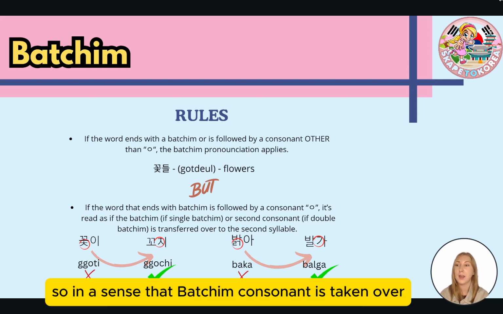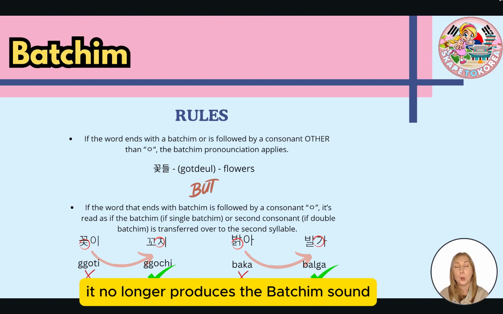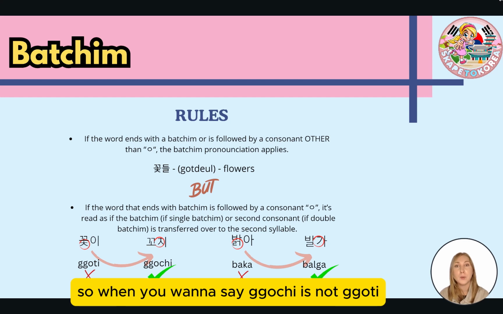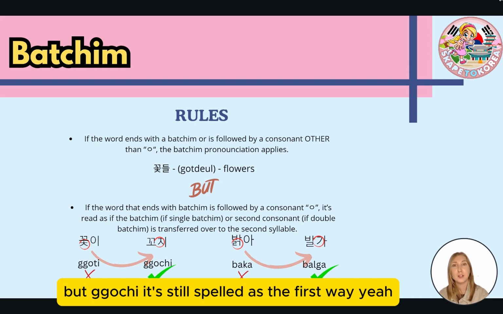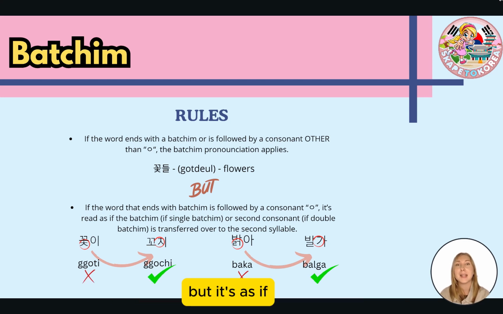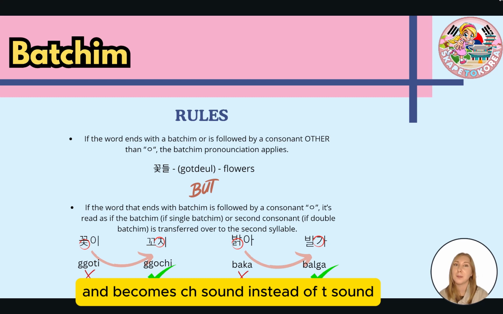So in a sense that Batchim consonant is taken over the place of the silent consonant, meaning that what happens is it no longer produces the Batchim sound, but its original sound. So when you want to say kochi, it's not koti, but kochi. It's still spelled as the first way, as a Batchim and then e next to it, but it's as if that Batchim then transfers over to the next syllable and becomes ch sound instead of the sound.